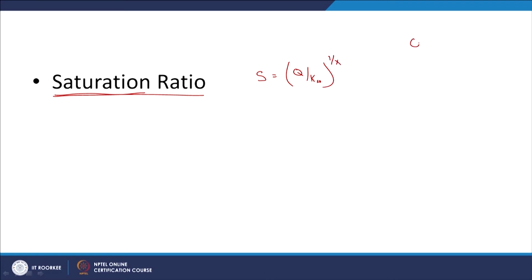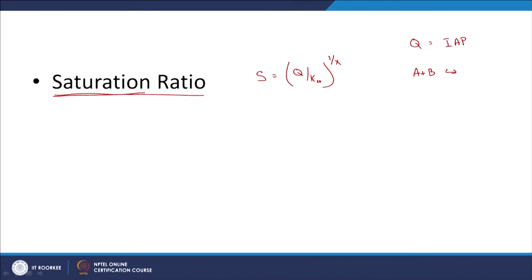And Q, what is Q? You know that it's your ion activity product, and that's something we discussed in great detail in your equilibrium related aspects. Again, if A plus B are in equilibrium with C plus D, what is Q? Q is nothing but the concentration, or in this case I am approximating concentration to be equal to activity, of the products raised to the stoichiometric coefficient, divided by the same for the reactants.